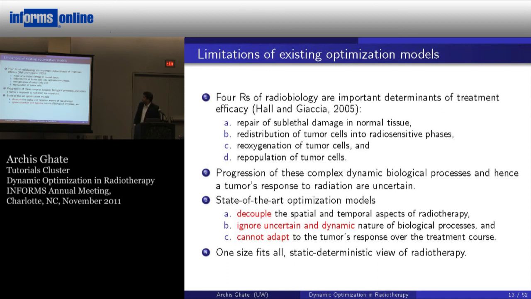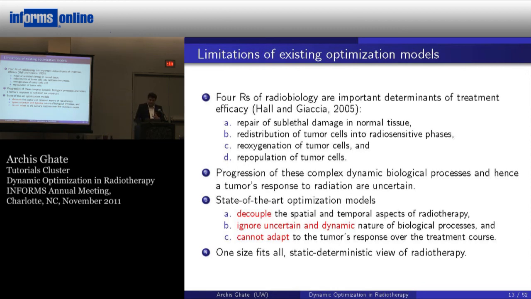And you're ignoring uncertainty in tumor response, how the tumor will actually respond to treatment and how these things will progress in response to radiation treatment. Because of that, the treatment is not really adaptive to how the tumor is responding, or how these biological processes are happening over the course of the 5 to 9 week treatment. So in that sense, the state-of-the-art models are not adaptive.